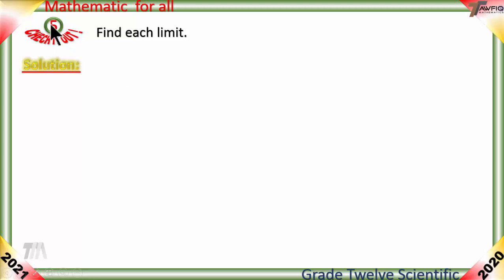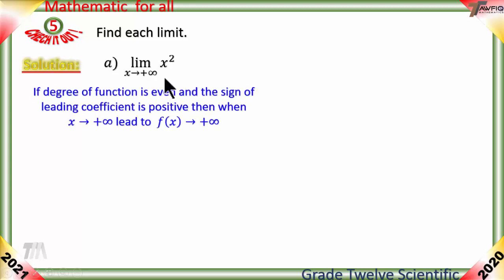Check it out. Number 5. Find each limit. A. Limit as x approaches positive infinity of x squared. Here this function has an even degree, and its leading coefficient is positive. That means this limit is equal to positive infinity.